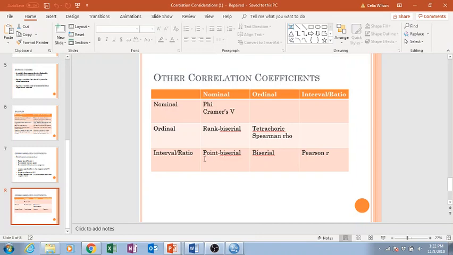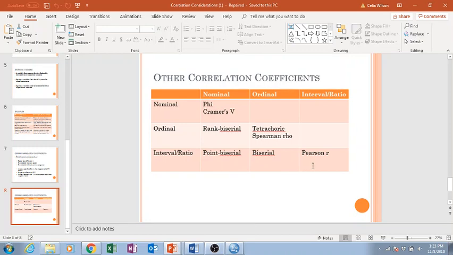The point biserial is one that's used a lot in issues of measurement, because you could get the person's overall score and correlate it with whether or not they pass the test. And sometimes that's used in item discrimination or item difficulty measures. But again, still a correlation, but now it is called a point biserial correlation.